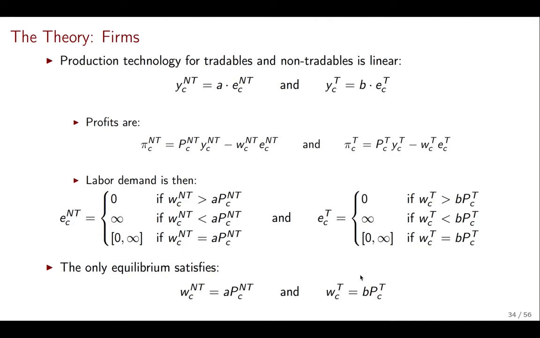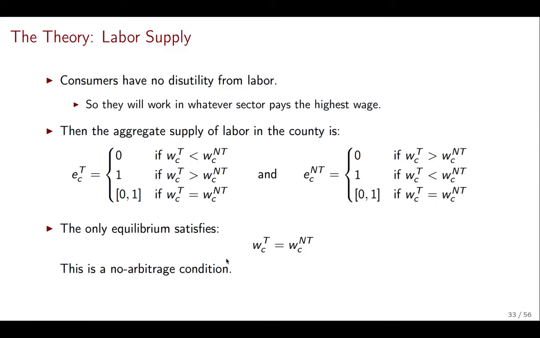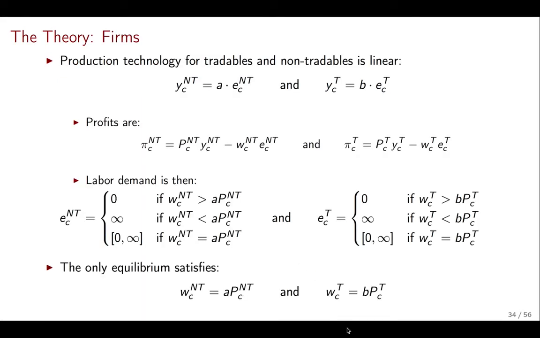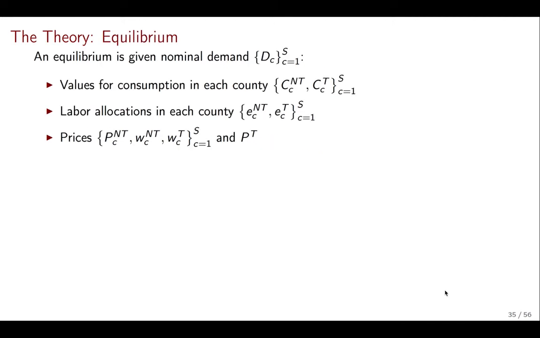Together with the conclusion of the previous slide, that the two wages have to be the same, we're going to get a result linking the prices of the two sectors. All right? Now, the final part is going to be to define an equilibrium. So an equilibrium given nominal demand. So look, I'm fixing here the level of nominal demand that's exogenous in all counties in the economy.